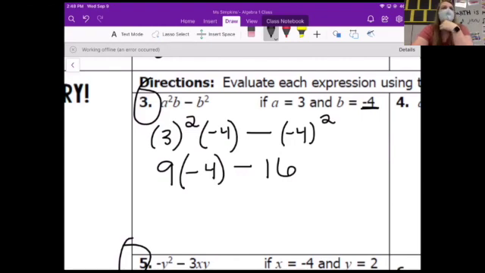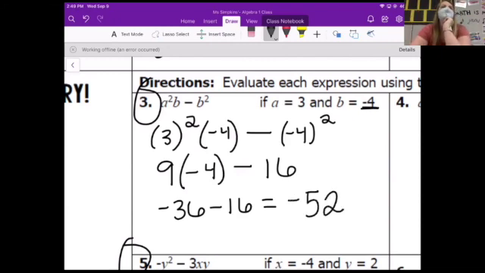Then we have multiplication. 9 times -4 would be -36 minus 16. And this is something that we talked about on Friday. So integers. If we're at -36 and we're subtracting, we're moving to the left. We're moving to the left 16 places, and we would end up at -52.